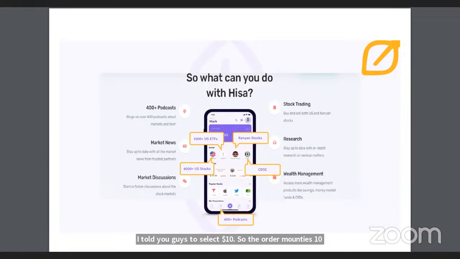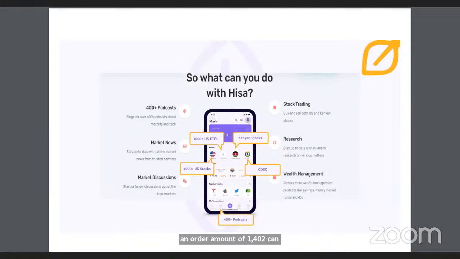The transaction charge is only 1%, which is 14 Kenyan shillings. So you're being charged 14 shillings for an order amount of 1,402 Kenyan shillings.